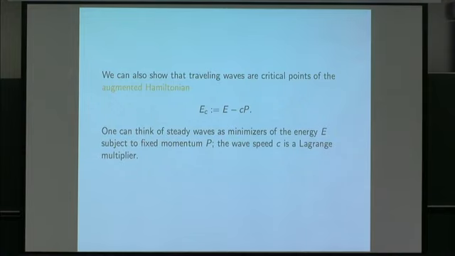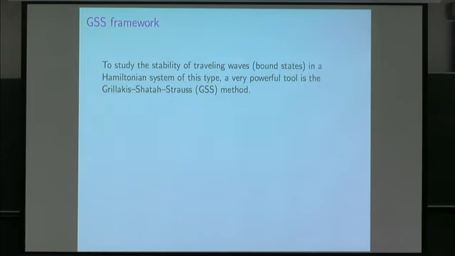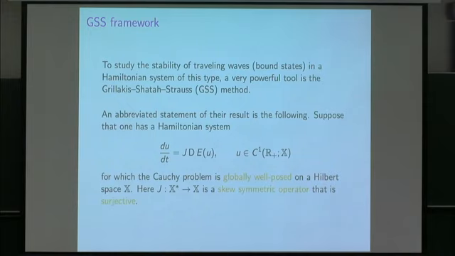So the wave speed basically occurs as a Lagrange multiplier, and so you do have to verify that, but it is indeed true. Okay, so then the idea abstractly is to try and use this Grillakis-Shatah-Strauss method, and let me just give you kind of a cartoon sketch of what that entails to see how well that fits our problem and what we need to do.